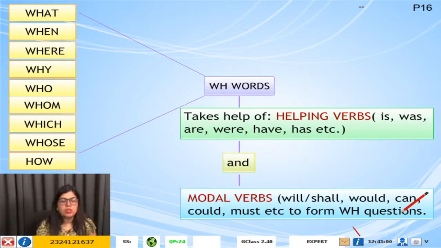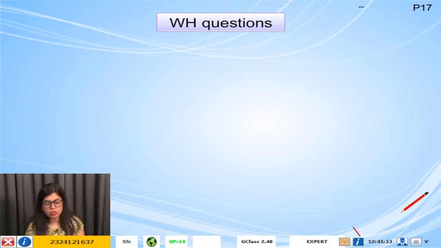So WH question words have to take the help of helping verbs or modal verbs, like will or shall, would, can, could, must, etc., to form WH questions.